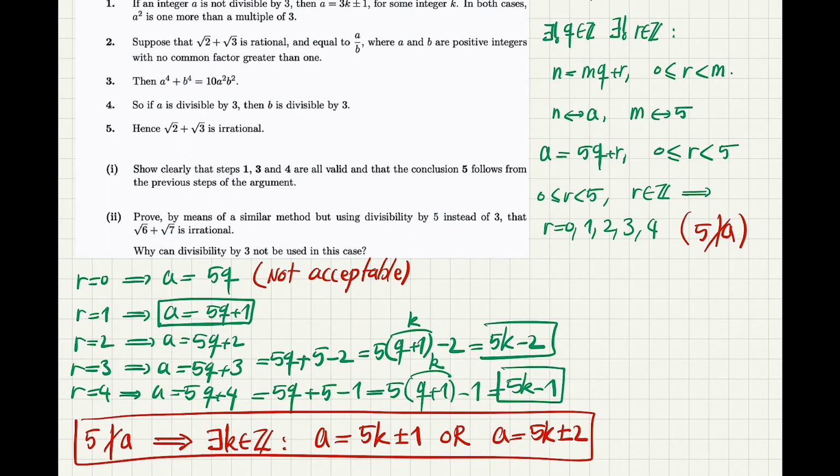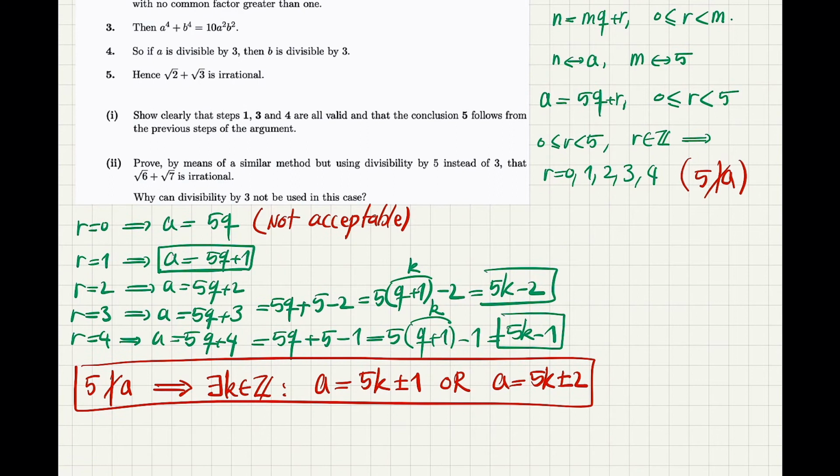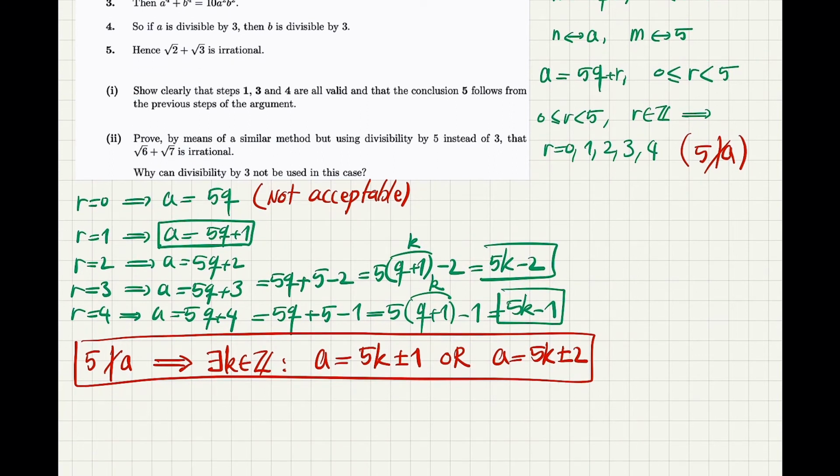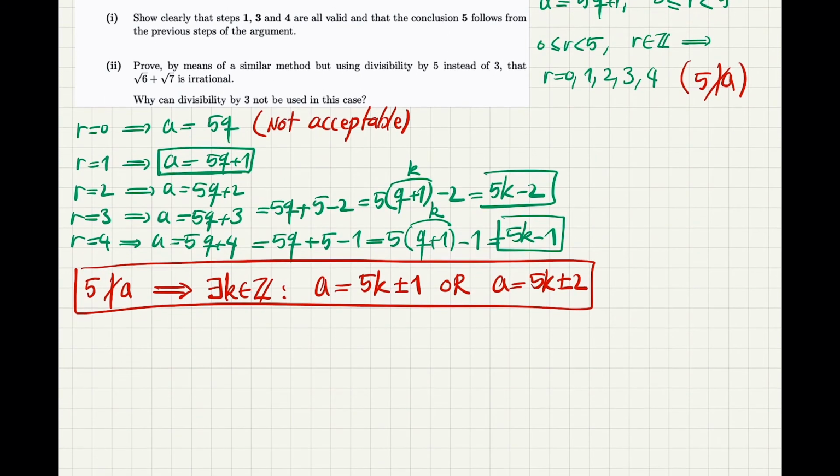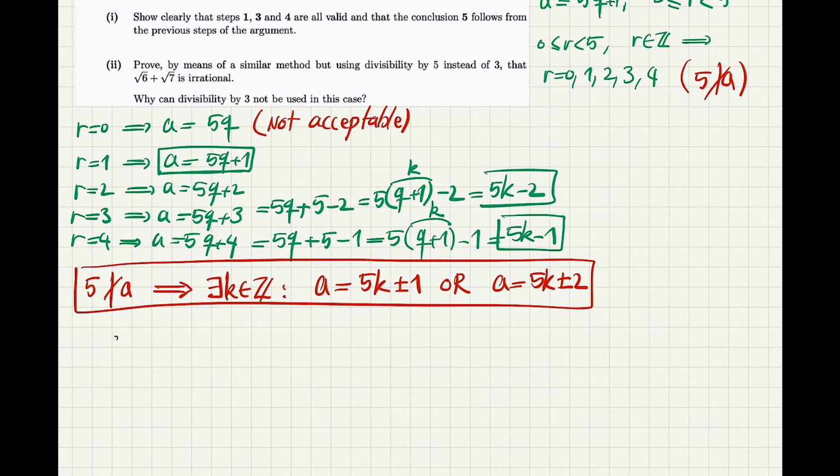Let me modify this last statement a little bit. If I have a equals 5k plus or minus 1, this means that a is congruent to plus or minus 1 modulo 5.